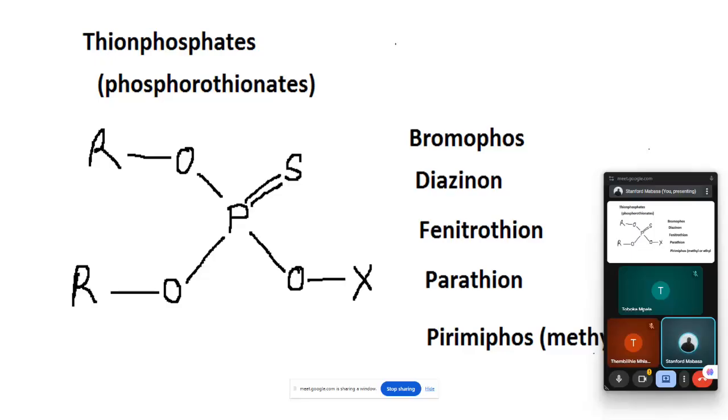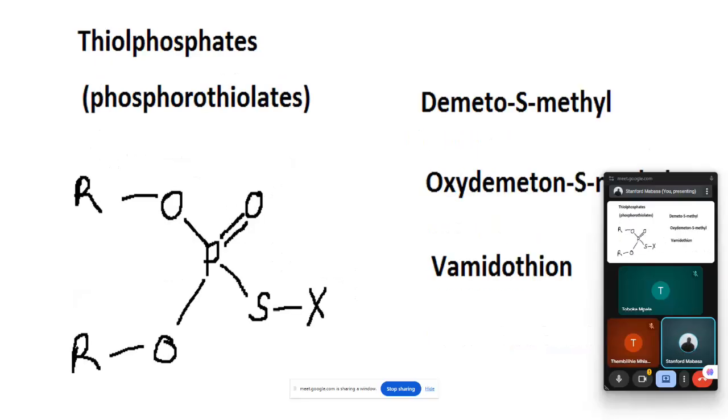We still have sulfur in the next group, but it is placed down and it is joined to the X. Once you put sulfur down there, you have a variety of these insecticides, different types of organophosphates.